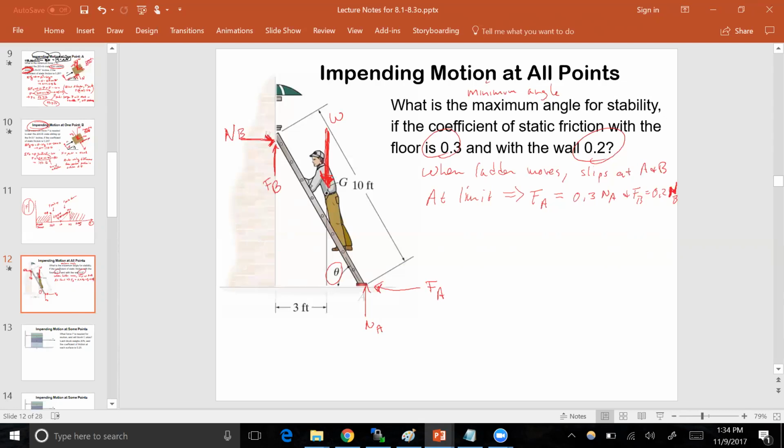Now there's some additional trig that we need to determine. For instance, what is the height of point B? A 10-foot long ladder, angle of theta.